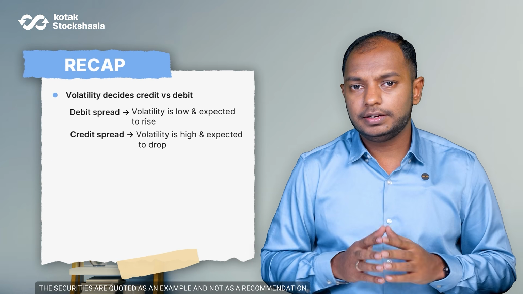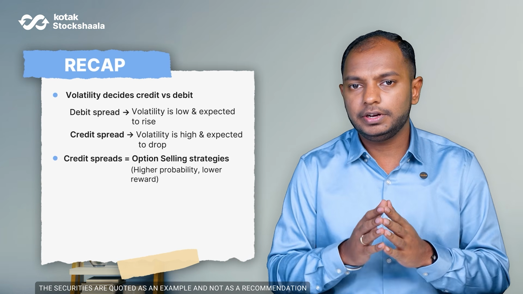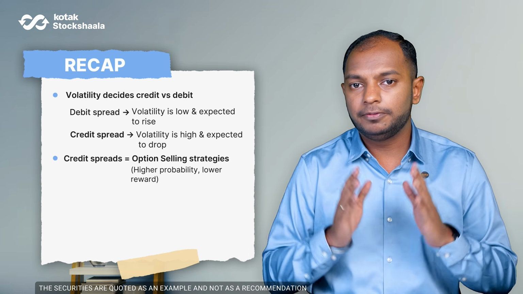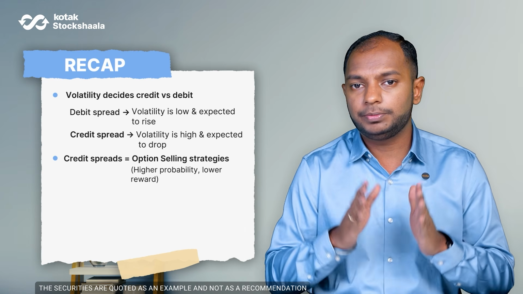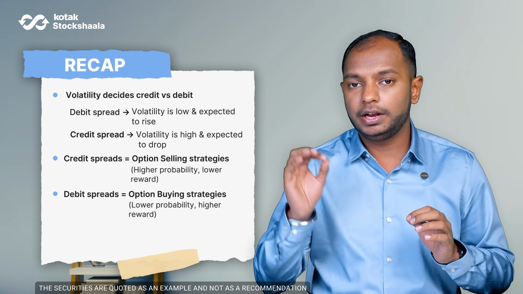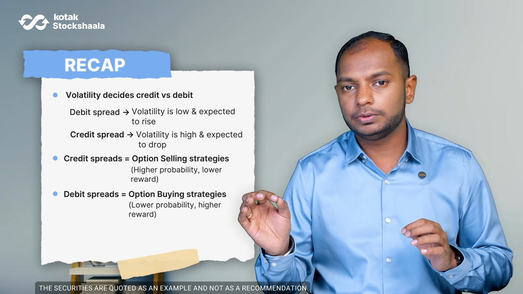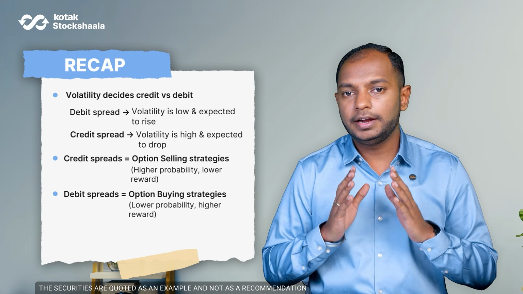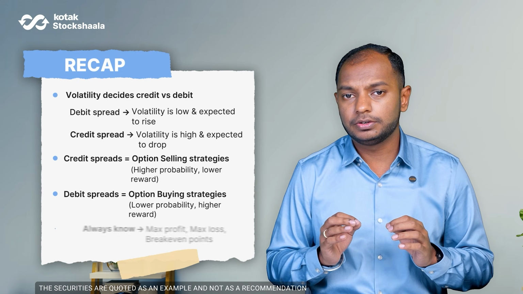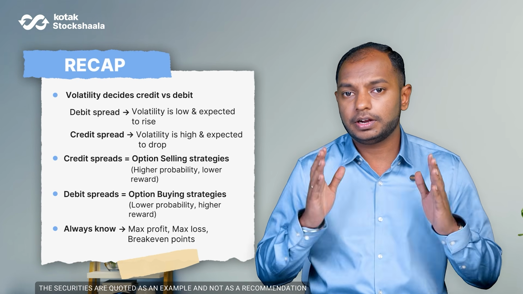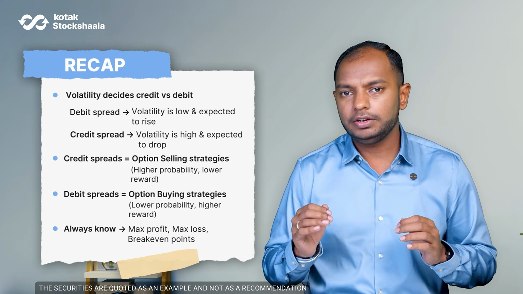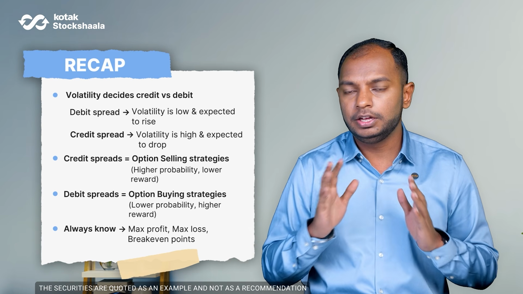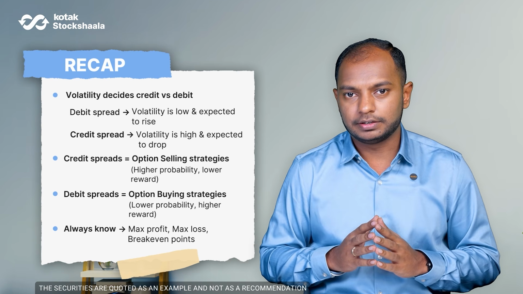We also learned that net credit spreads are equivalent to option selling strategies, wherein the probability of profit is much higher compared to a net debit spread, which is equivalent to an option buying strategy. And finally, it's important for us to know the break-even points for either of the strategies, and depending on the market view and the direction, you have to choose the right kind of spread.